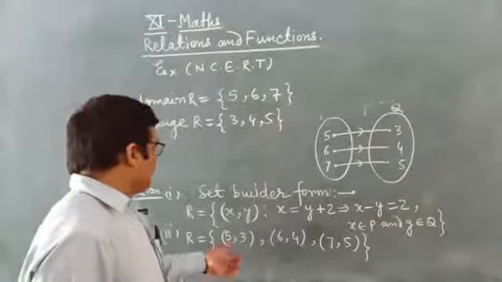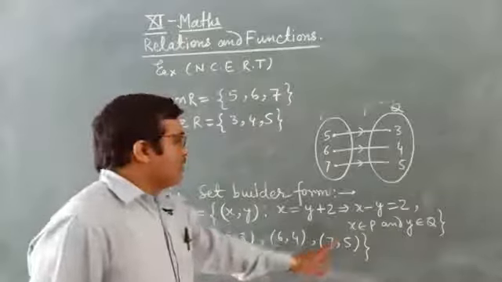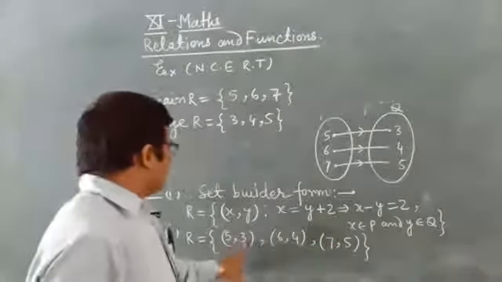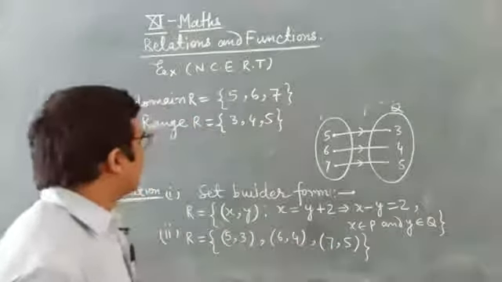Domain is the set of first elements of ordered pairs and range is the set of second elements of ordered pairs of relation R.